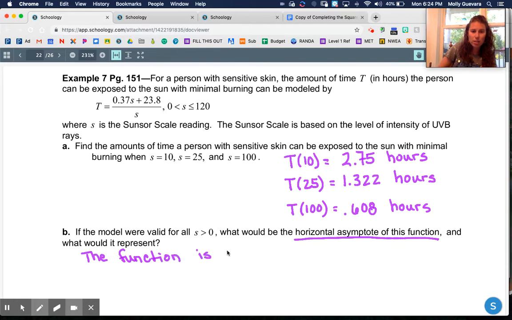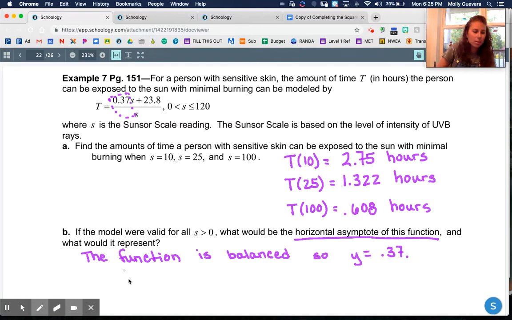Since the function is balanced, my horizontal asymptote is, and I'm going to take the numbers right in front of my variables. So 0.37 over 1. So just 0.37 is fine.